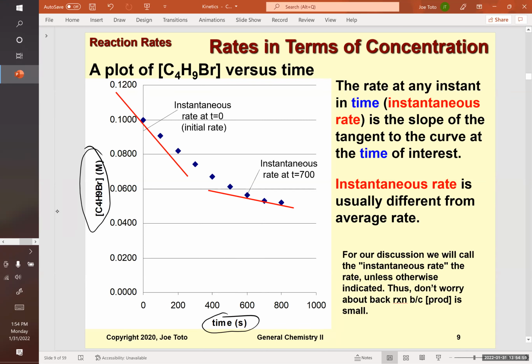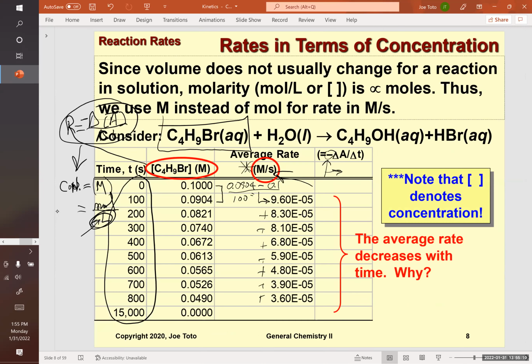And I can see again how those concentrations change in time. They decrease. And if I go back, I see what happens to the rate as time goes on. Anybody? It's going down. Yeah, it decreases.